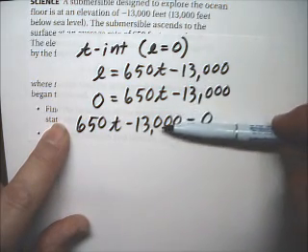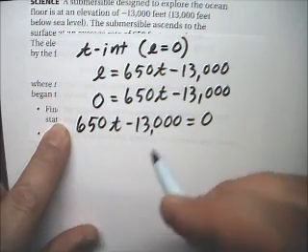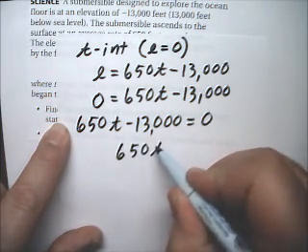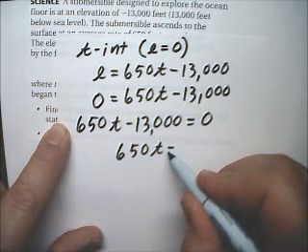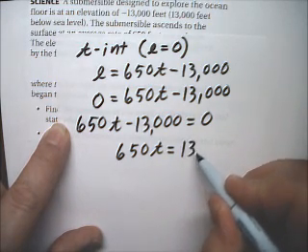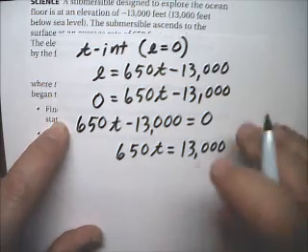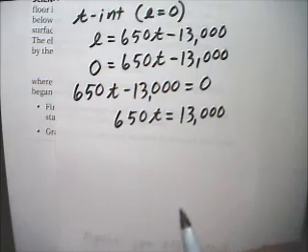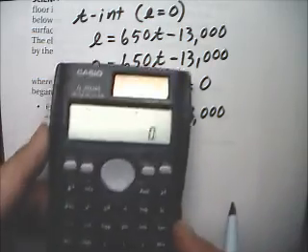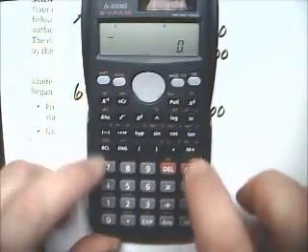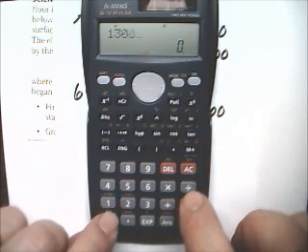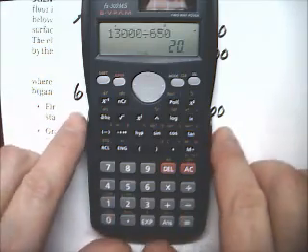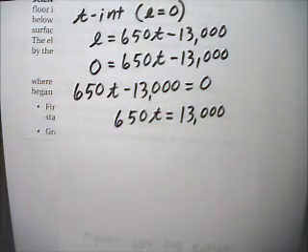So now to solve this, I'll add 13,000 to both sides, and I end up with 650t equals 13,000. So to get t, I have to do 13,000 divided by 650. And that equals 20.